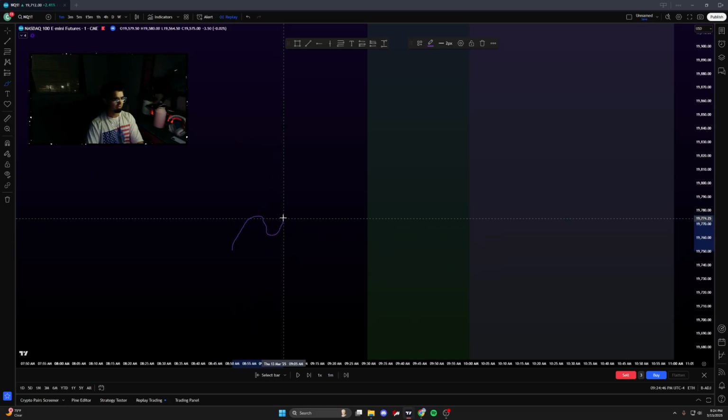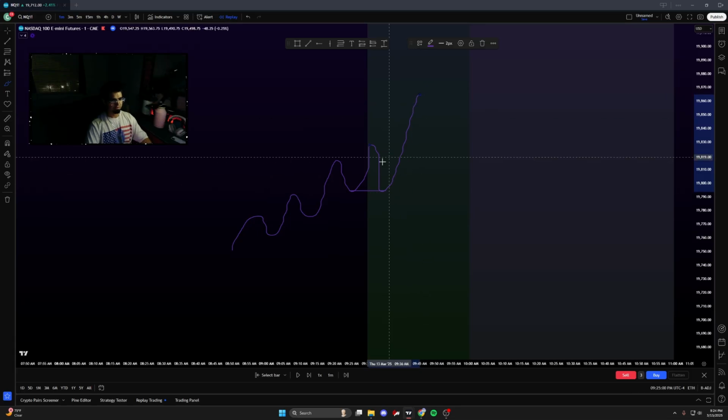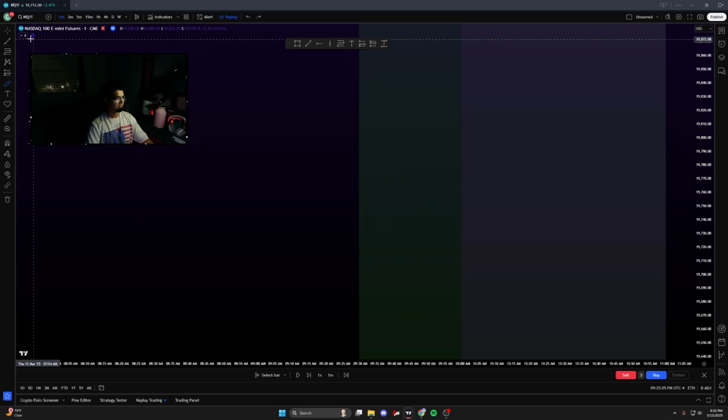We're going higher highs, higher lows, higher highs, higher lows, higher highs, higher lows. We have our low right here, right? And let's say price sweeps out this low but fails to close below it. That's not a break of structure. If it doesn't close below that level, it doesn't make it a break of structure.